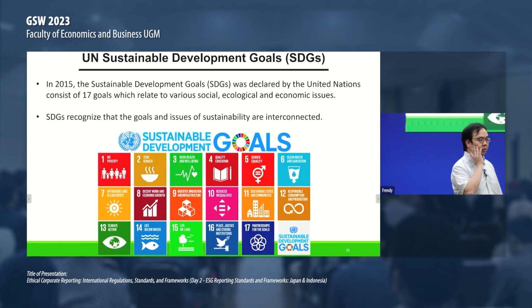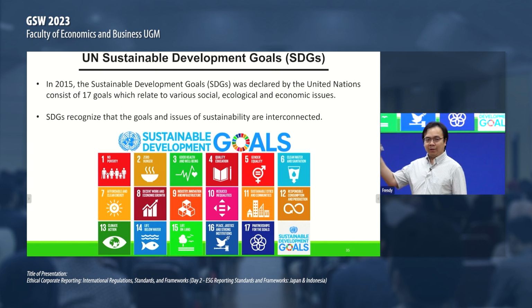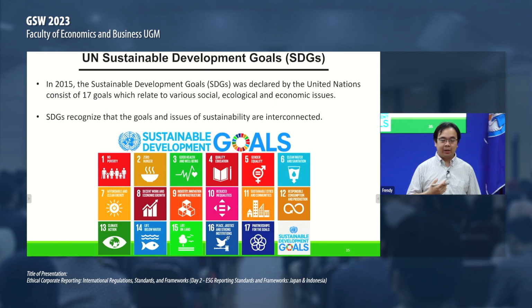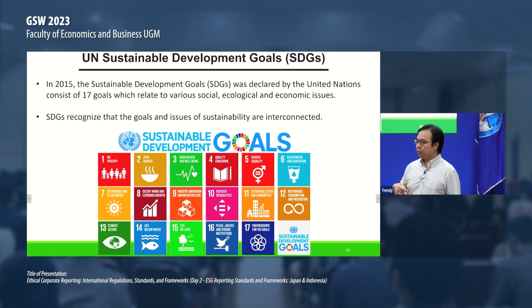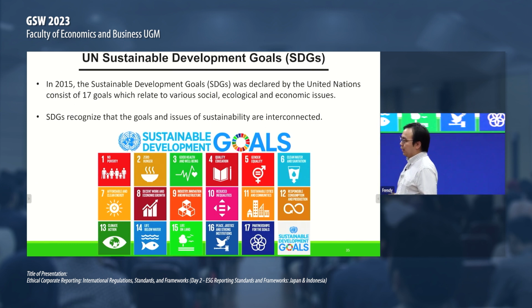Next, UN SDGs, okay? Again, we are not going to cover this, but this is also part of the frameworks that companies could easily use to link their processes, inputs, and outputs to sustainable goals.